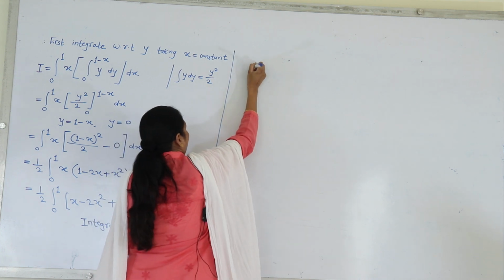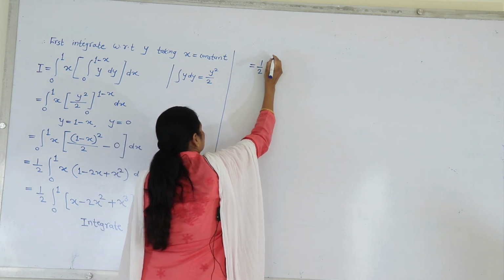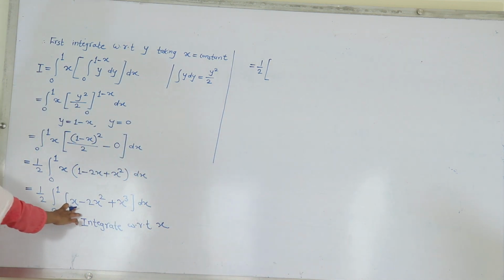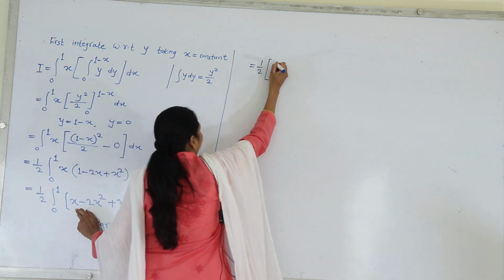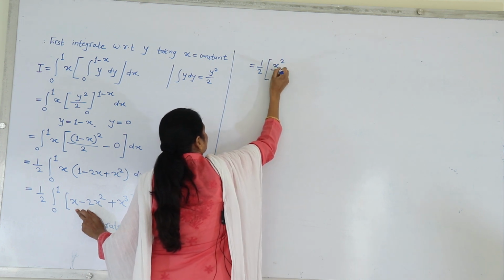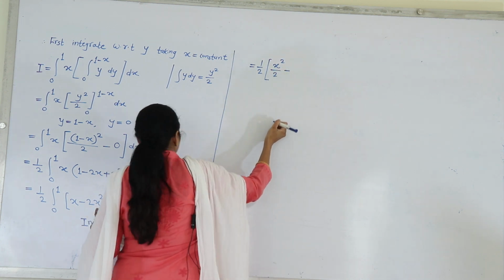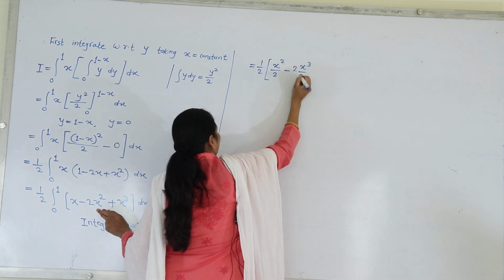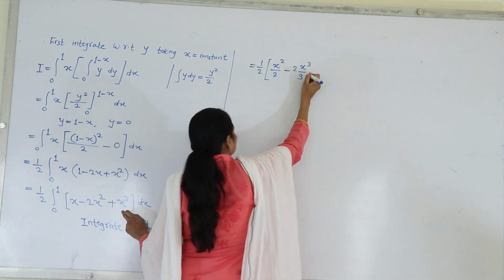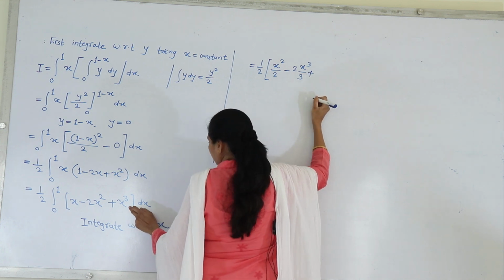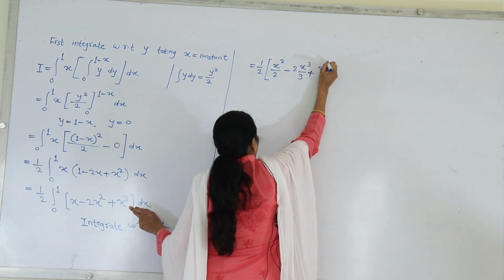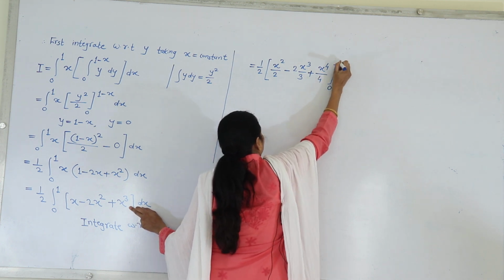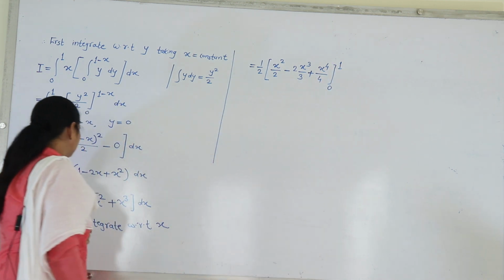One half. Now the integration of x square by 2, minus 2 is constant. The integration of x square is x cube by 3, and plus the integration of x cube is x raised to 4 by 4, with limits 0 to 1.